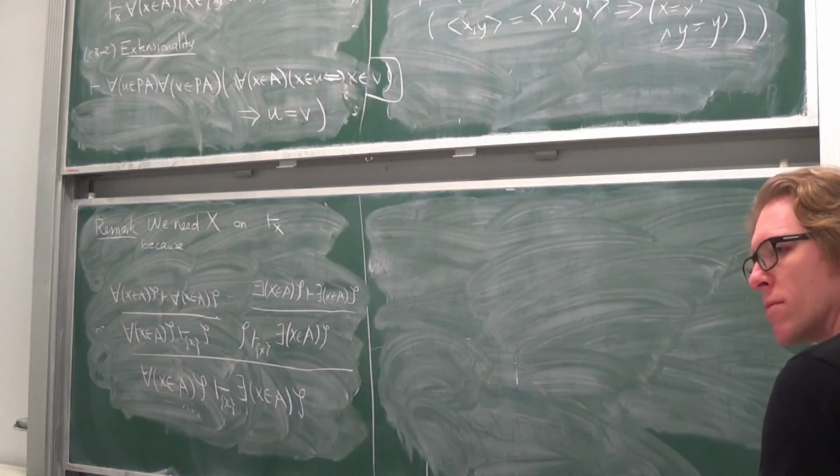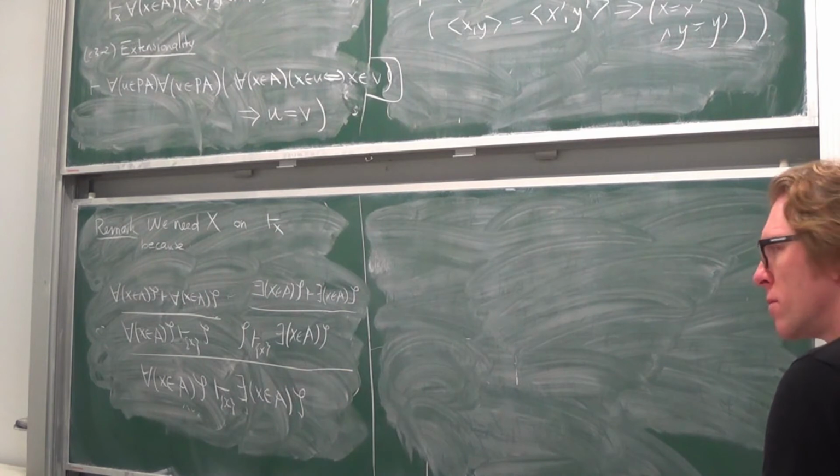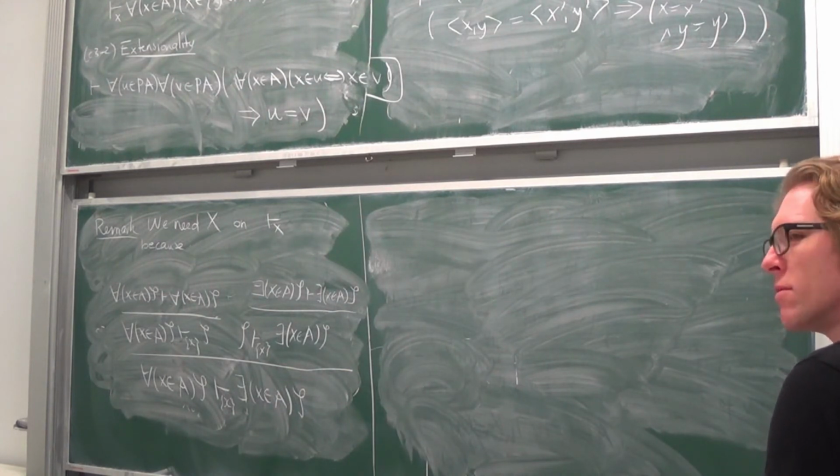We don't want to be able to deduce that for all x phi implies there exists an x with phi. But you do if such an x exists. Yeah, that's right. Something like that. Or if there exist things of type x. That's what's kind of weird to me.